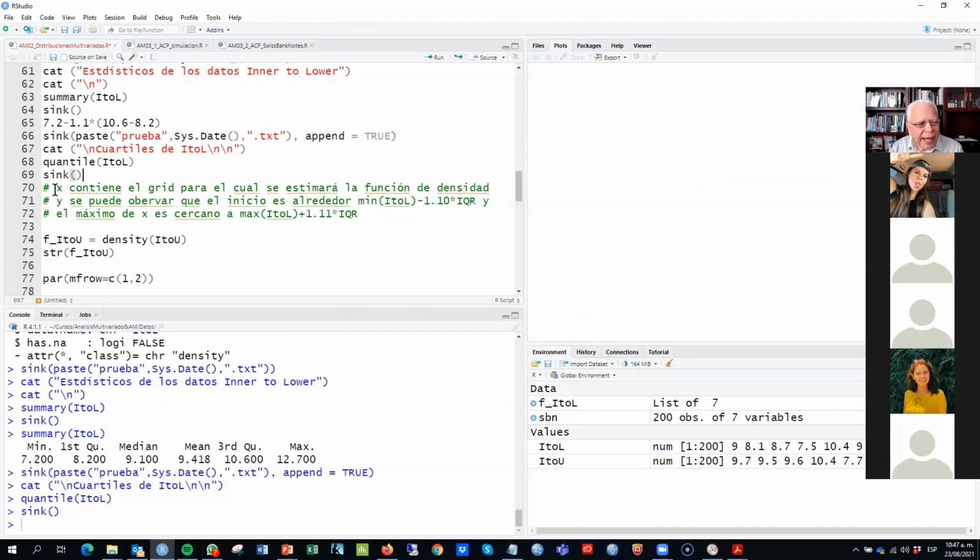Now, X has the grid for which the density function has been estimated. The starting value for X is the minimum minus 1.10 times the interquartile range, and the maximum is very close to the maximum plus 1.1 times the interquartile range. So I'm going to do the density estimate here.